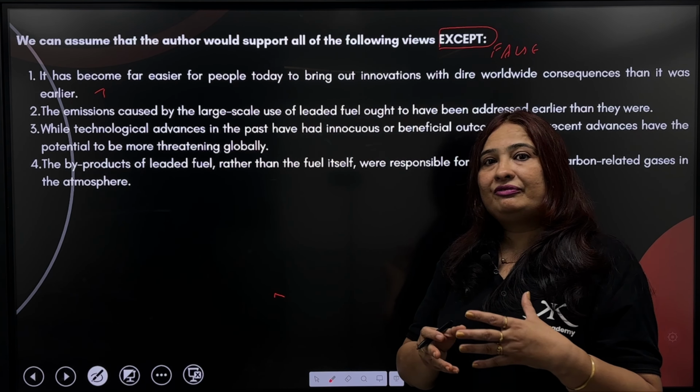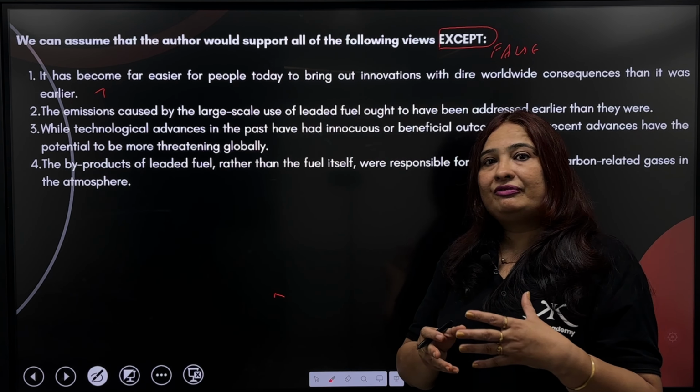Inventions typically end up being used for entirely different purposes than the intended ones. Now here again you can see the extreme word, the high degree which this word is carrying. Typically, you mean to say almost all the inventions? No, the author has mentioned some of the inventions, but all the inventions, obviously we cannot arrive at this conclusion. So again this is wrong.